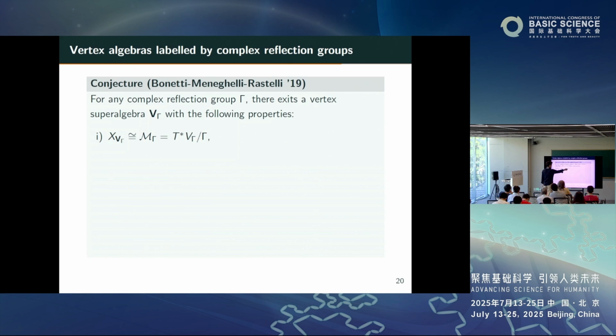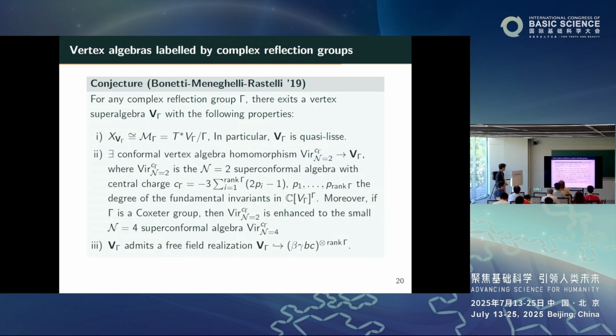This must be the vector space associated with the complex reflection group modulo the group, so this is a symplectic singularity associated with the complex reflection group. And some other properties I don't think I should explain in detail, but let me say that the central charge should be expressed by fundamental invariants of this complex reflection group, and some other conditions.